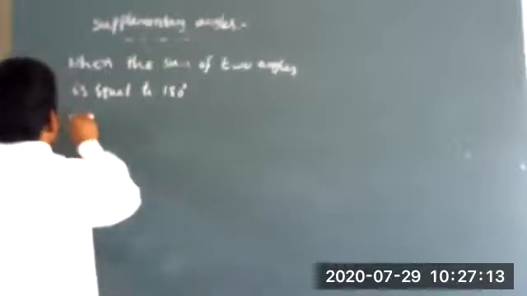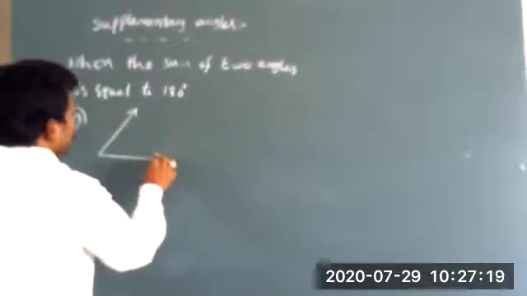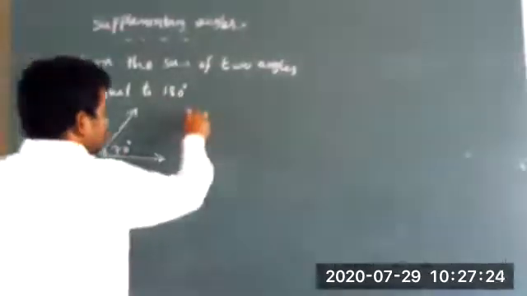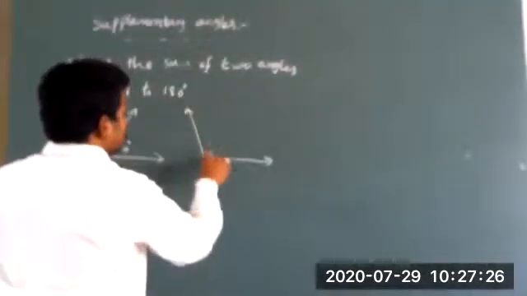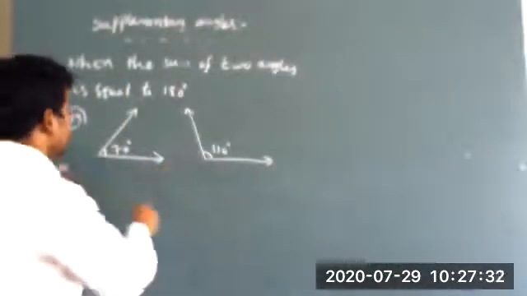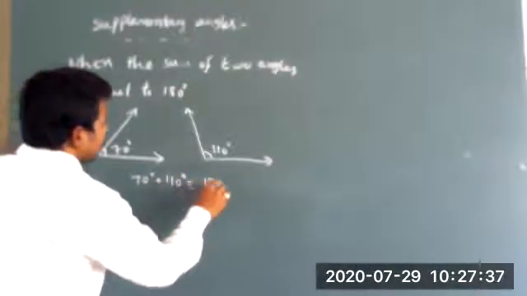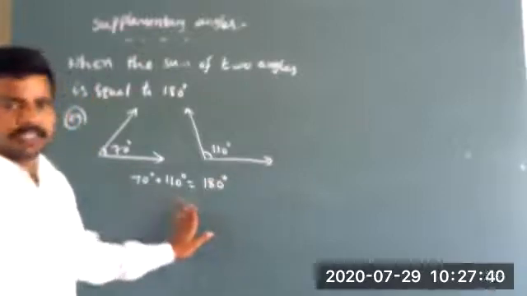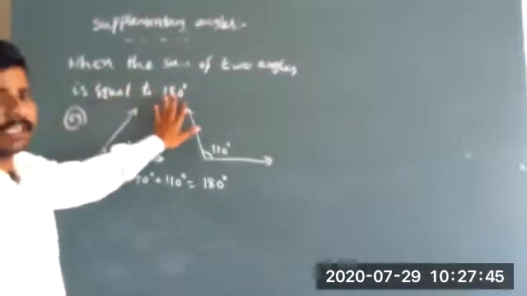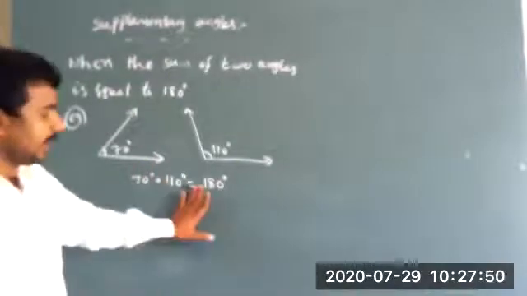For example, this is 70 degrees. This is 110 degrees. The sum of these two angles, 70 degrees plus 110 degrees, is equal to 180 degrees. When the sum of two angles is equal to 180 degrees, these are supplementary angles. This is the example.